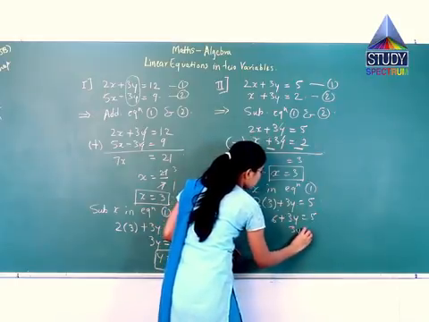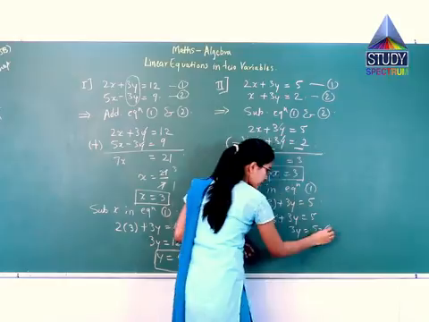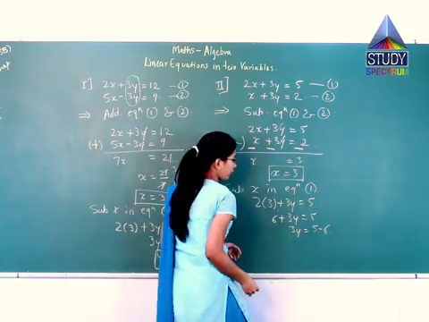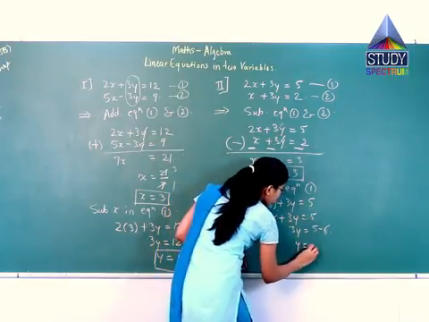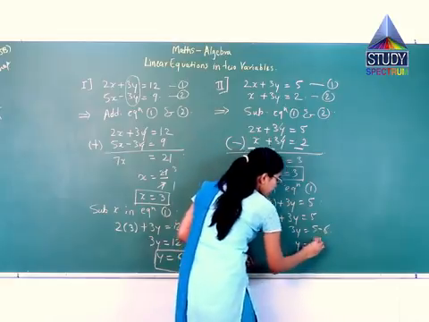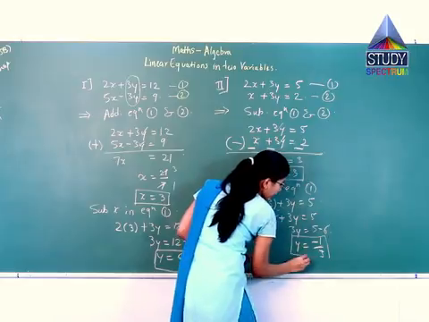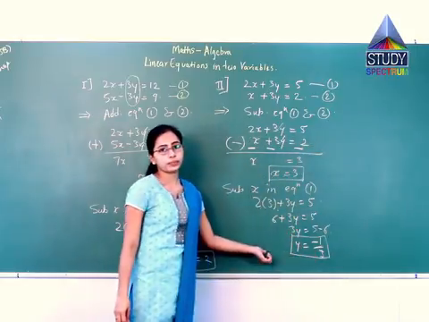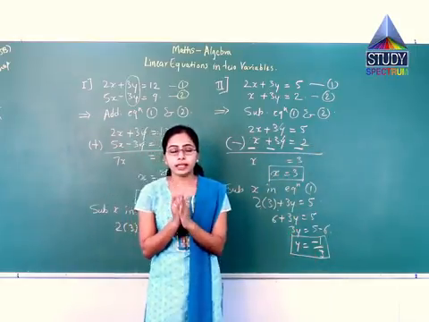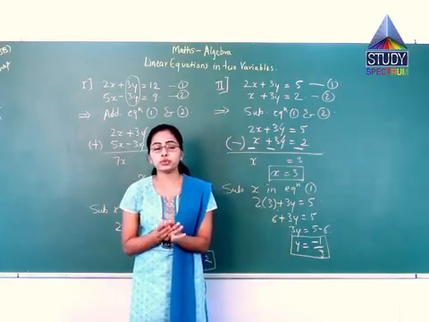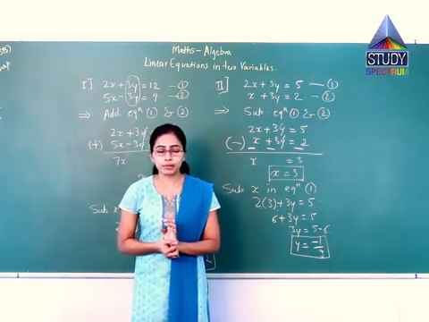That means 3y is equal to 5 minus 6. This 6 will get transferred to the right hand side. So y is equal to 5 minus 6, which is minus 1, upon 3. So y we got is minus 1 by 3. So here I have explained the examples.